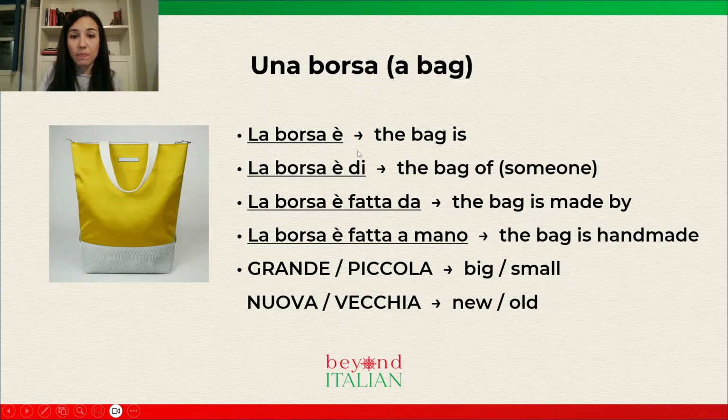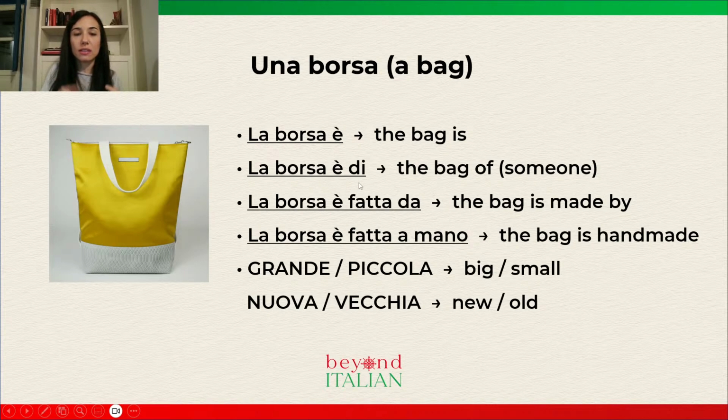La borsa è. The bag is. La borsa è di. In this case, I am talking about possession. So, who is the owner of this bag? So, the bag is the bag of someone.